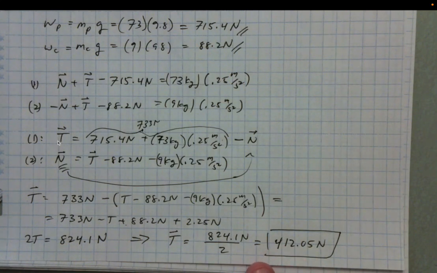He just has to pull with 412 newtons of force, roughly 2/3 of his body weight, to get himself to accelerate upwards. So whenever you see these guys hanging off the side of buildings, washing windows, and they're sitting on these chairs, know that they have to pull a fair amount to get up to where they're at, but the physics is such that they don't have to lift themselves entirely, only a fraction of themselves.